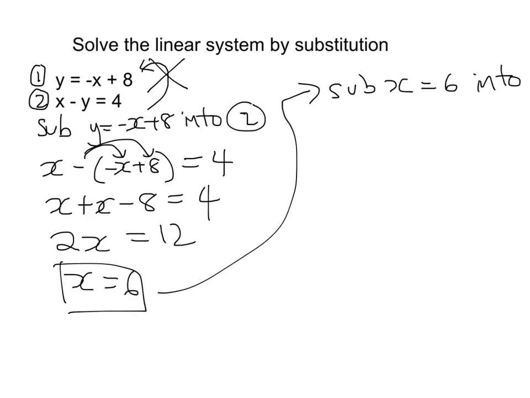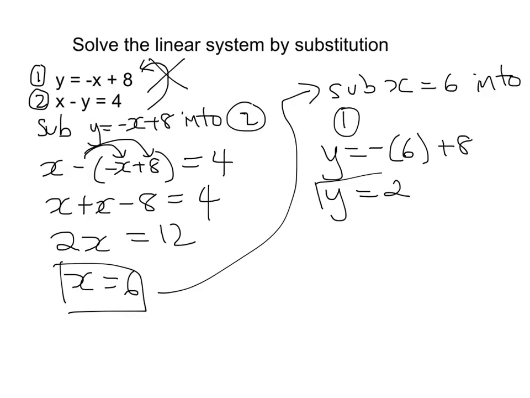I'm going to sub x is equal to 6 into equation, sorry, not equation 2, into equation 1. So now I've got y is equal to -6 plus 8. So that means y is equal to 2.